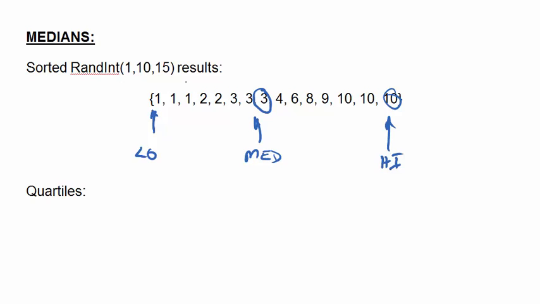So looking here on the lower half, that is sort of the lower median, and that 9 is something like the upper median. So I'm going to call this, bringing up a new word for you, quartiles. This is going to be quartile 1, and this will be quartile 3.